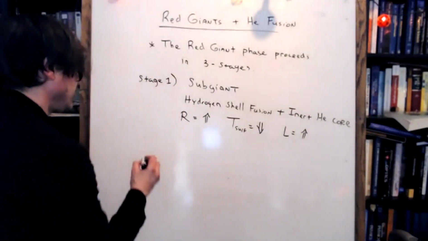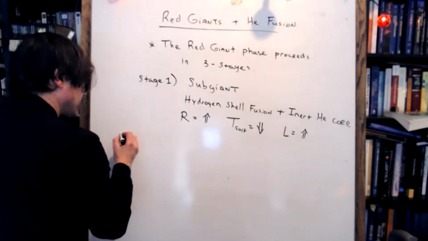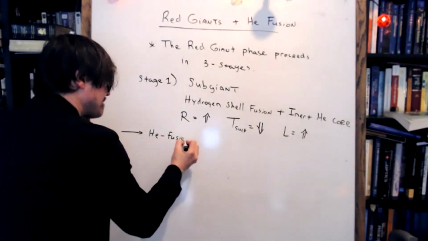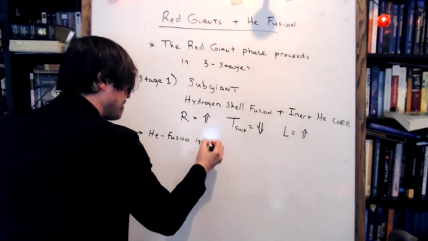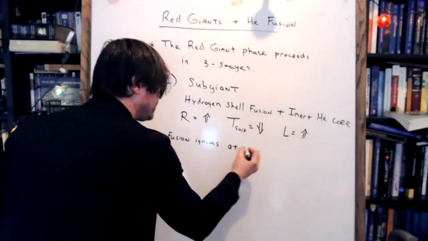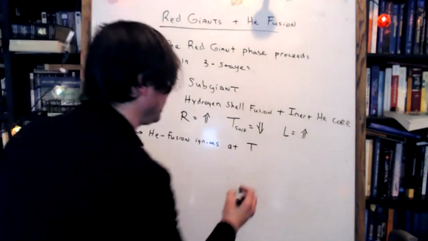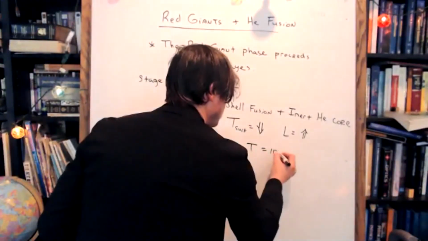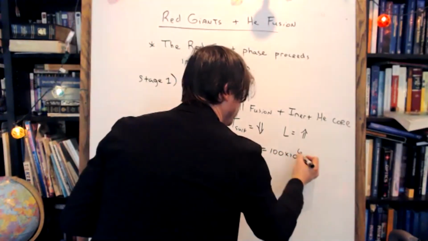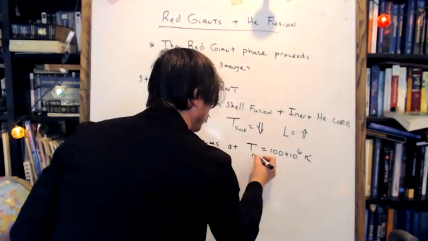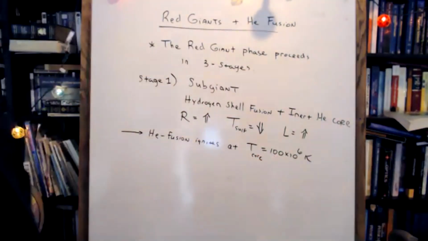At some point, helium fusion ignites. And the temperature which the core of the star needs to achieve is 100 million Kelvin. And that's 100 million Kelvin, of course, in the core. So I'll say T core here, in case that gets a little confusing.